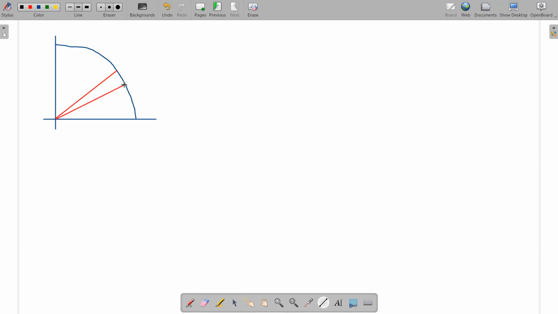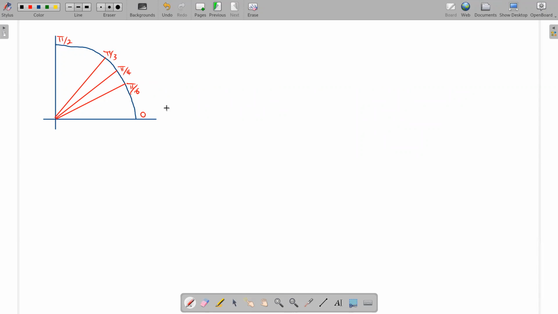Pi over 6 should be about there. Pi over 3 would be about here. So we have our angles out to here, 0 radians, pi over 6 radians, pi over 4 radians, pi over 3 radians, and up here pi over 2 radians.